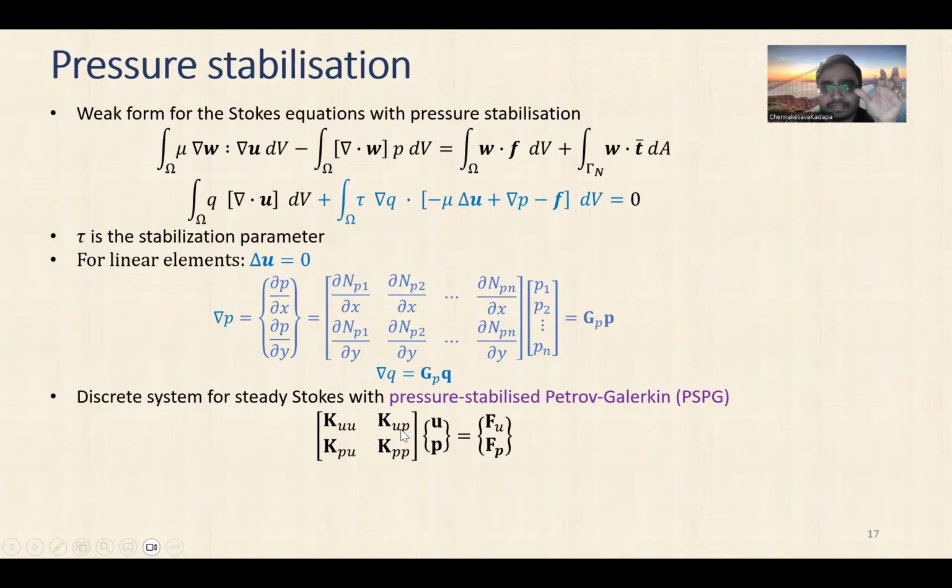The global matrix is the same, except that now our KPP is not 0, because we have the term del Q multiplied by del P.